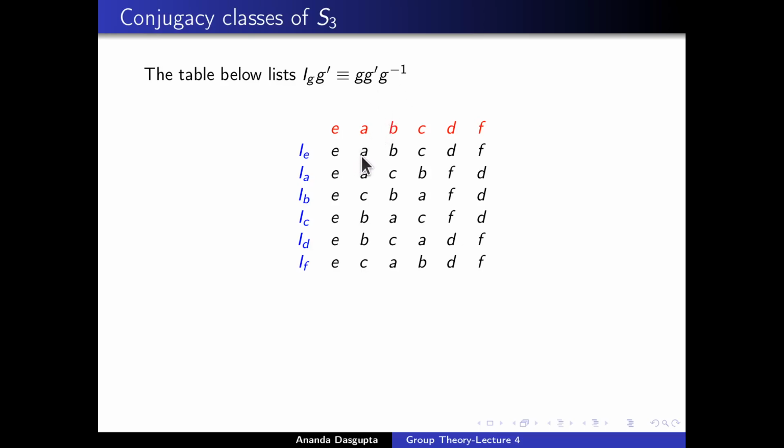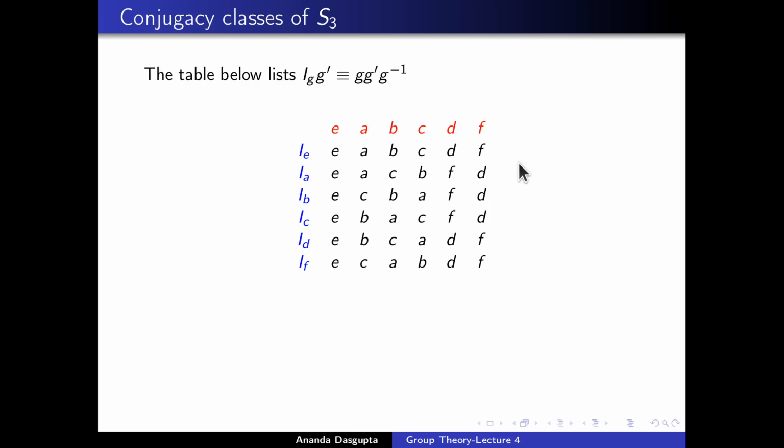Of course, E g prime E inverse always produces g prime itself, which is why this row is completely identical to this one. On this row, on the other hand, this element is A inverse, which of course is E. This one is A inverse, which is A. This one is A inverse, which if you follow the multiplication table will turn out to be C, and so on.